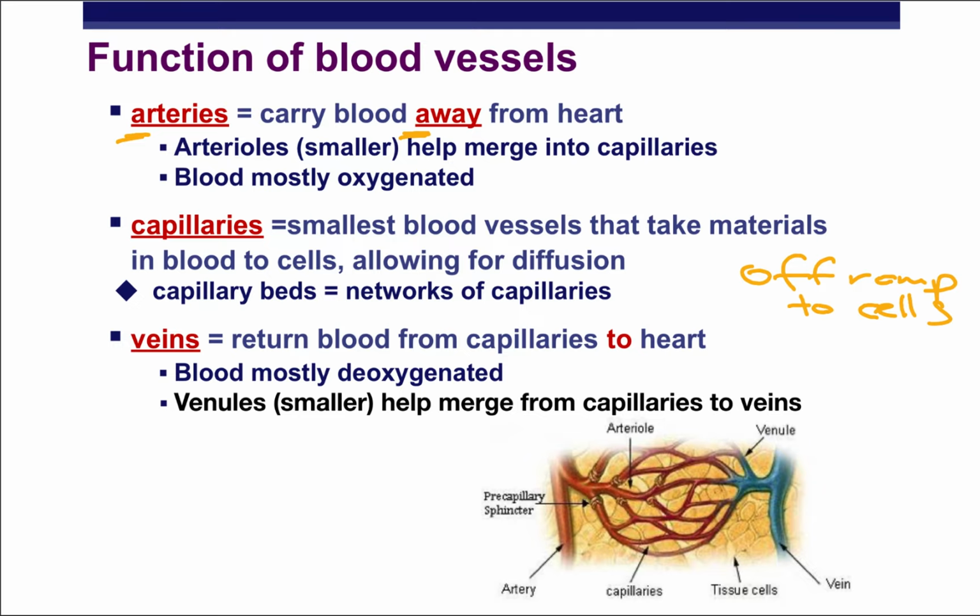And then finally we have the veins. Their job is the opposite of the arteries. They're going to take the crappy blood and bring it back to the heart, usually. For most of your body, the blood that's returning to your heart is the blood that doesn't have oxygen anymore. So deoxygenated means no oxygen. And it's trying to come back to the heart so it can go to your lungs to get oxygen.